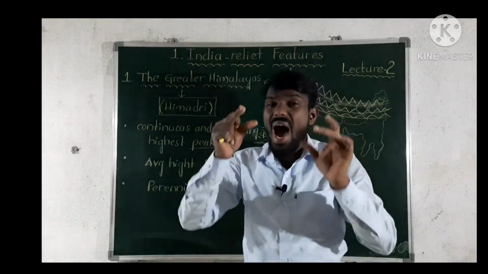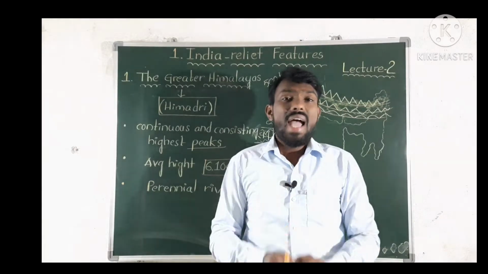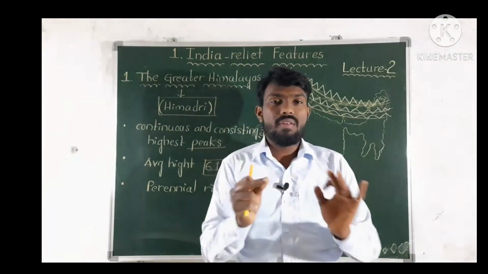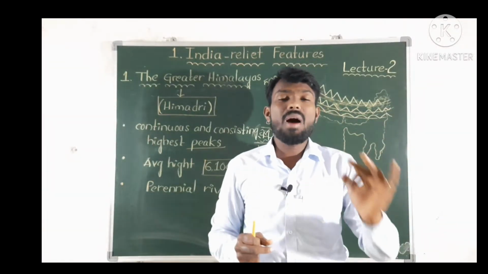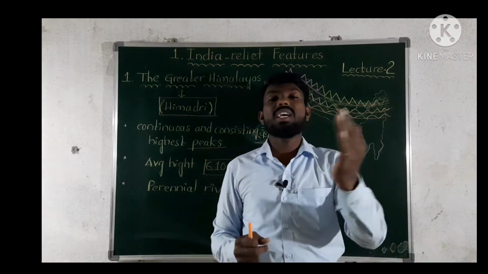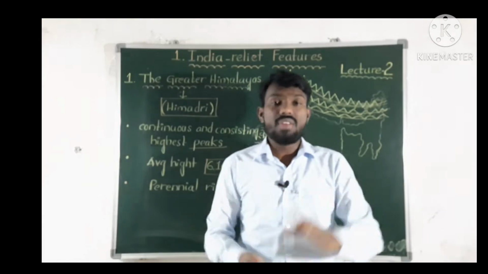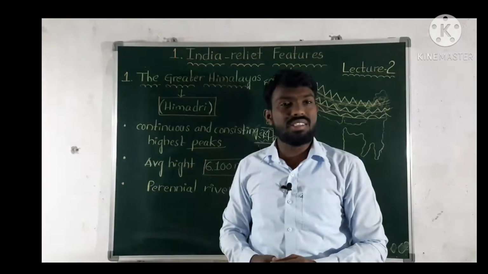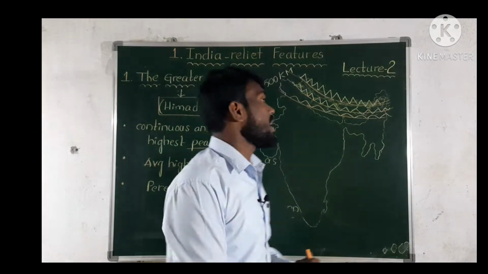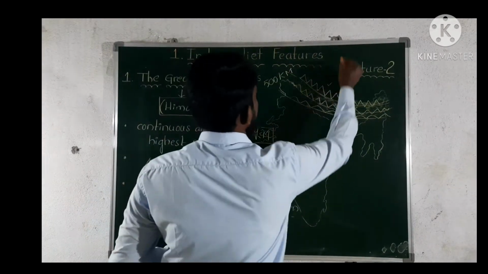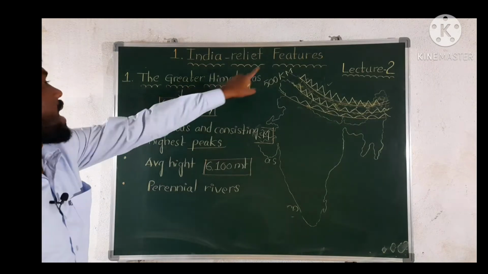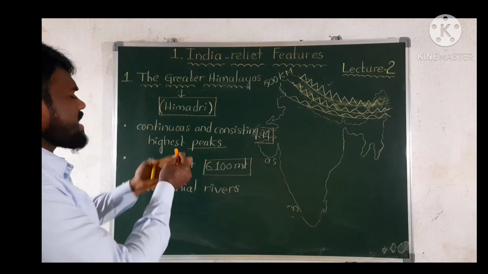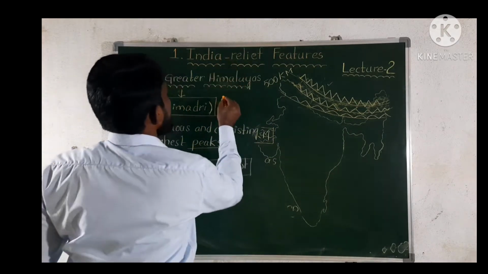The accumulation of ice and the movement and melting of the glaciers give continuous flow to the Himalayan rivers throughout the year, so we call them perennial rivers.